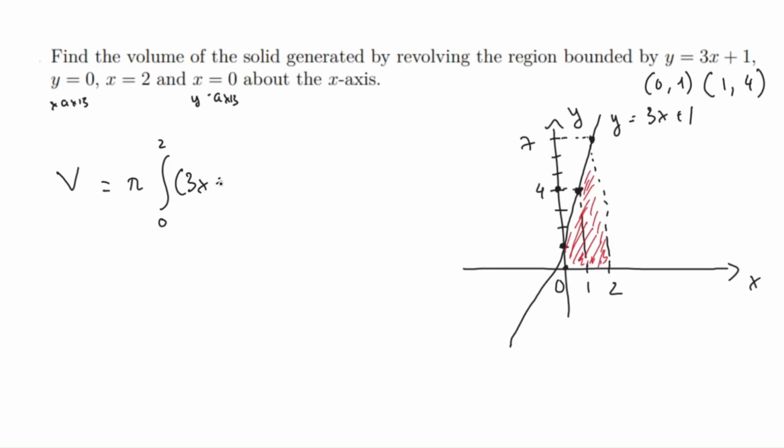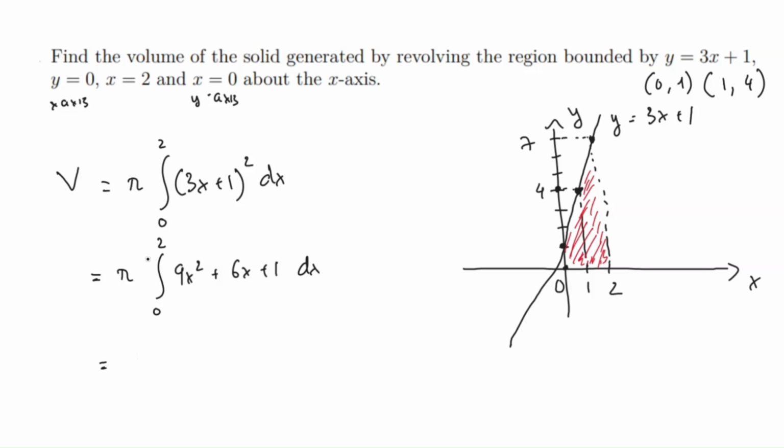So this is the integral of (3x plus 1) squared dx. Then pi times the integral from 0 to 2, I'm going to break it down: it's equal to 9x squared plus 6x plus 1 dx.